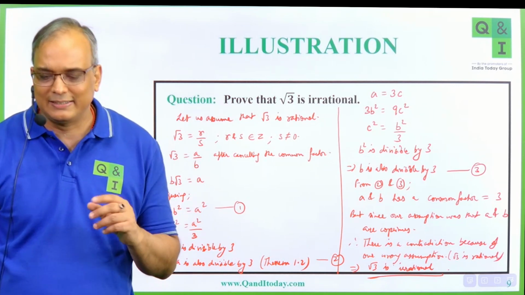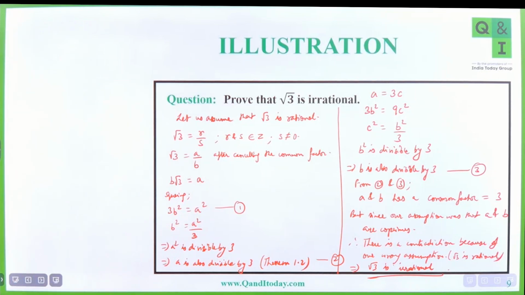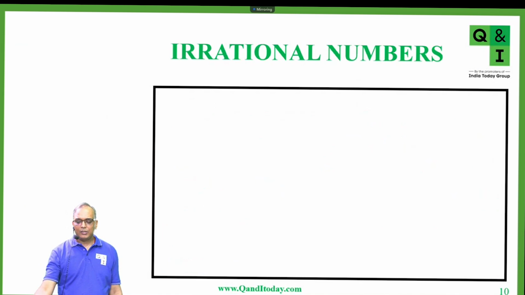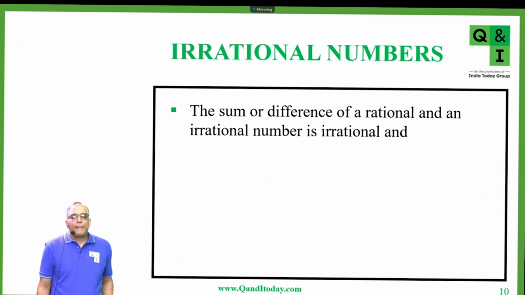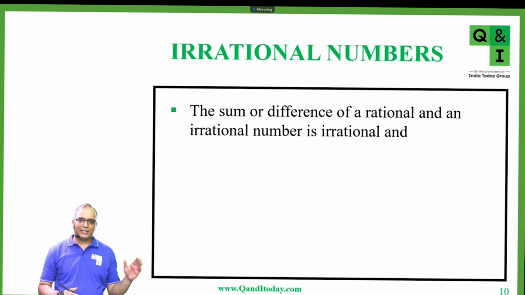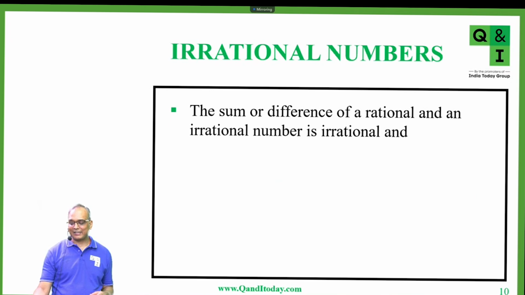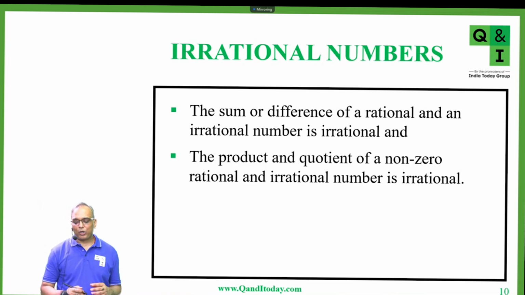Okay, students, let's go ahead. Now there are 2 more concepts which you should understand, which you have already done in your previous grades: the sum or difference of a rational and an irrational number is irrational, and the product and quotient of a non-zero rational and irrational number is irrational.